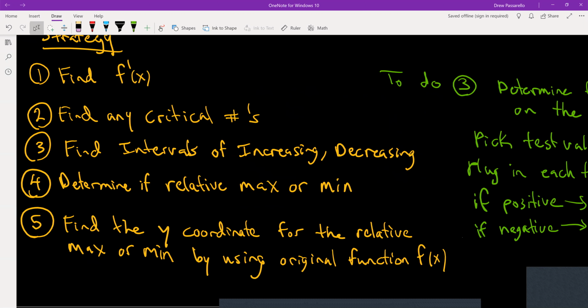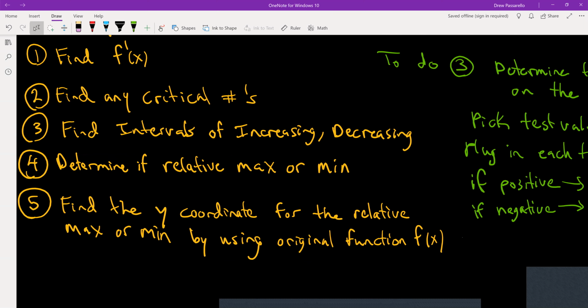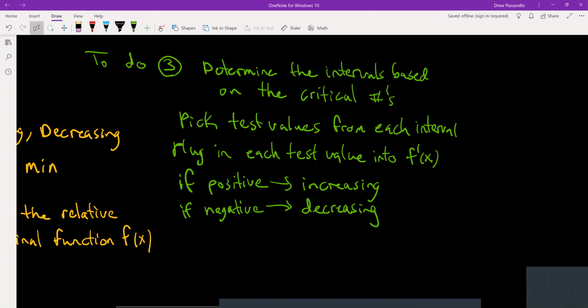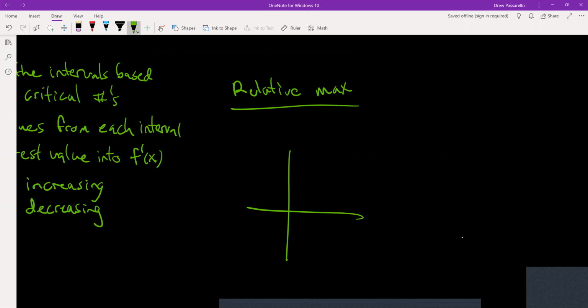All right, after you determine the intervals of increasing and decreasing, you're going to decide whether the critical number is a relative max or min. And relative max, just so we're on the same page here. So here's a graph where you have a relative max.